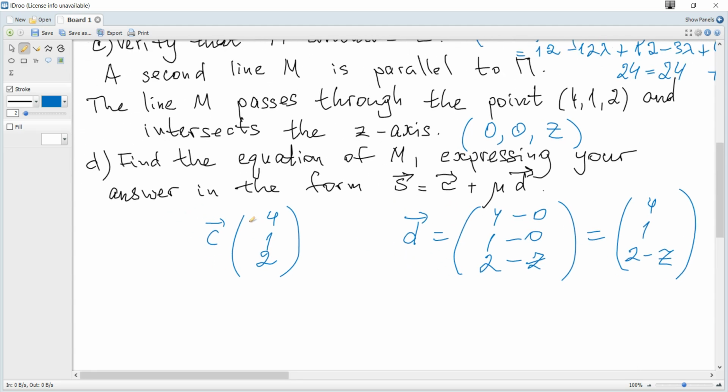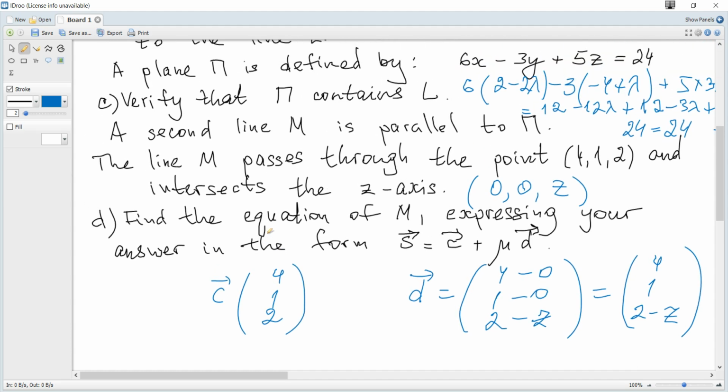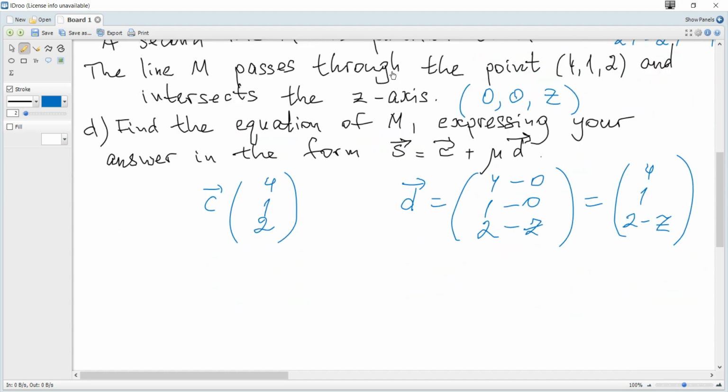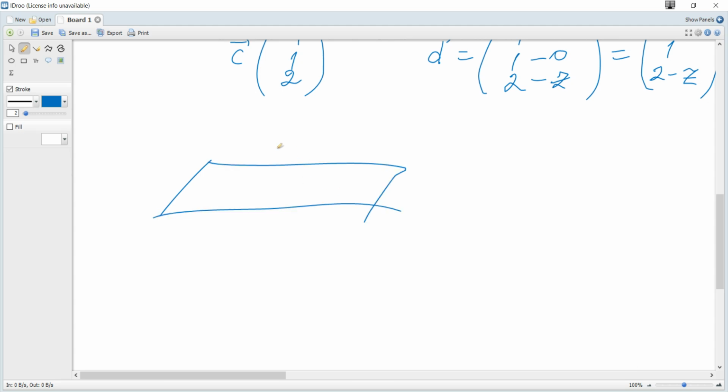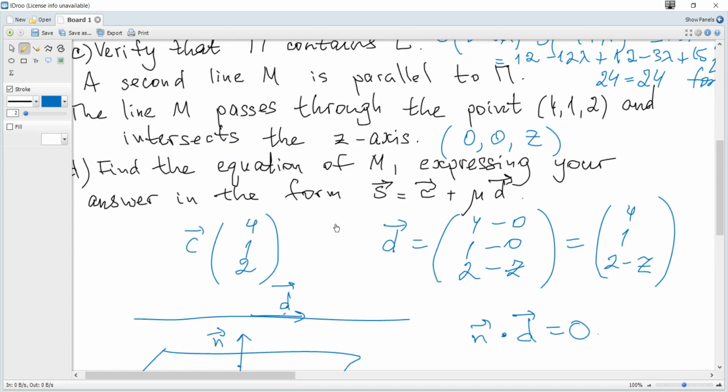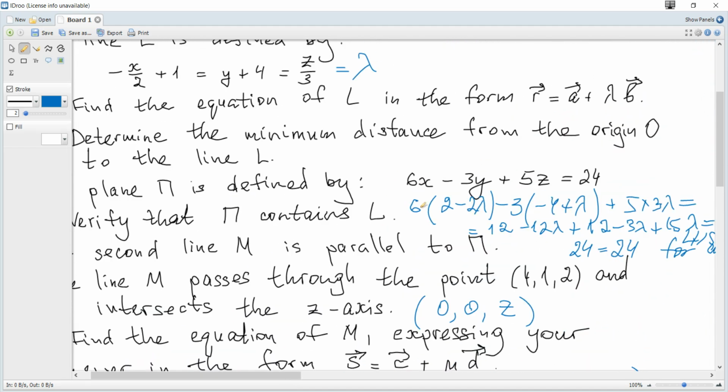And that should be found to get vector D. And also we know that our line is parallel to the plane. If a line is parallel to the plane, and we consider the normal to the plane, you can see that the normal and the vector D are perpendicular, so normal dot product D is equal to 0. How to find the normal to the plane? The components of a vector which is normal are just these coefficients.